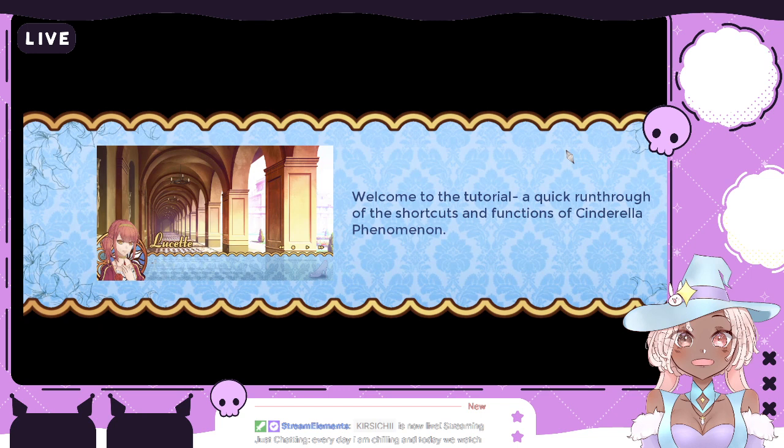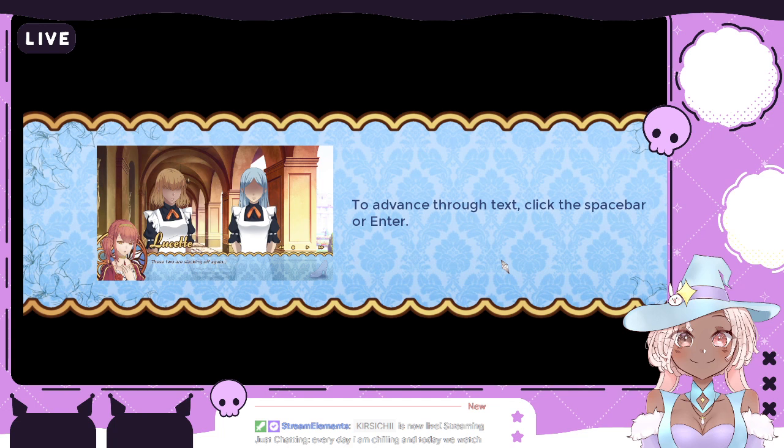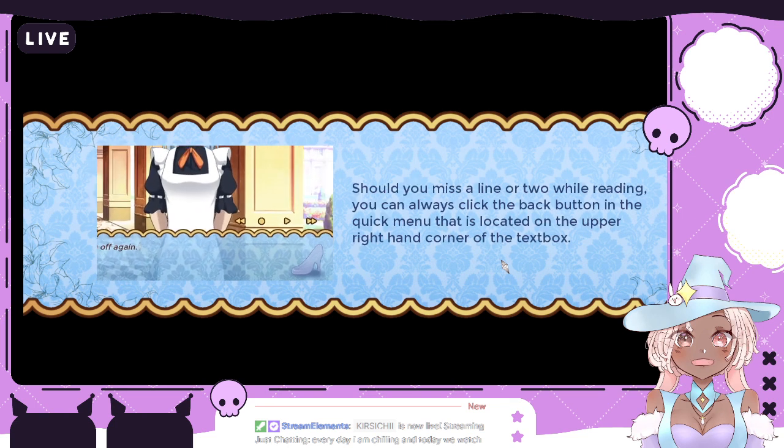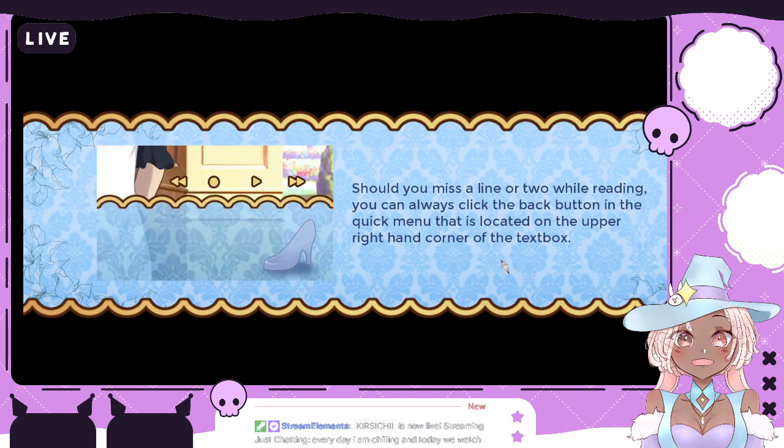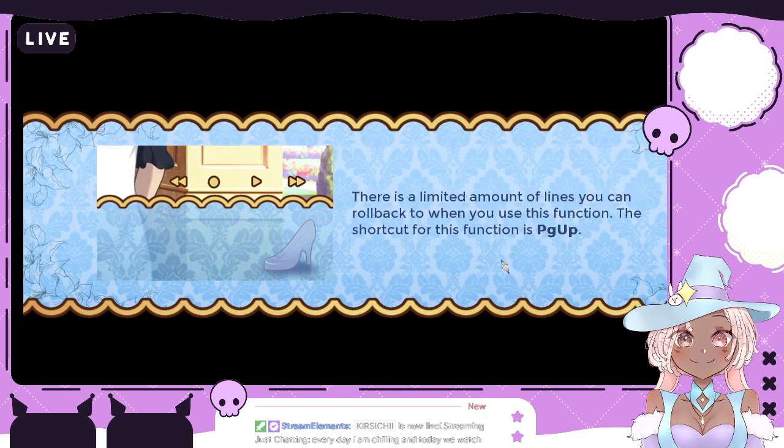Welcome to the tutorial, a quick run-through of the shortcuts and functions of Cinderella Phenomenon. To advance through text, click the spacebar or enter. Should you miss a line or two while reading, you can always click the back button in the quick menu that is located on the upper right-hand corner of the text box. There is a limited amount of lines you can roll back to when you use this function.